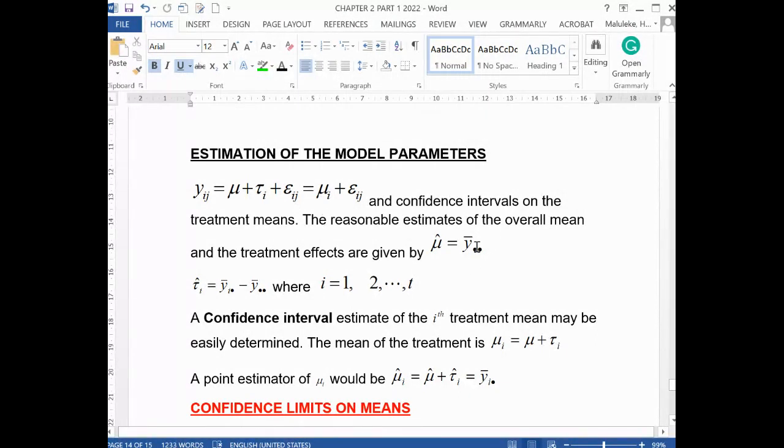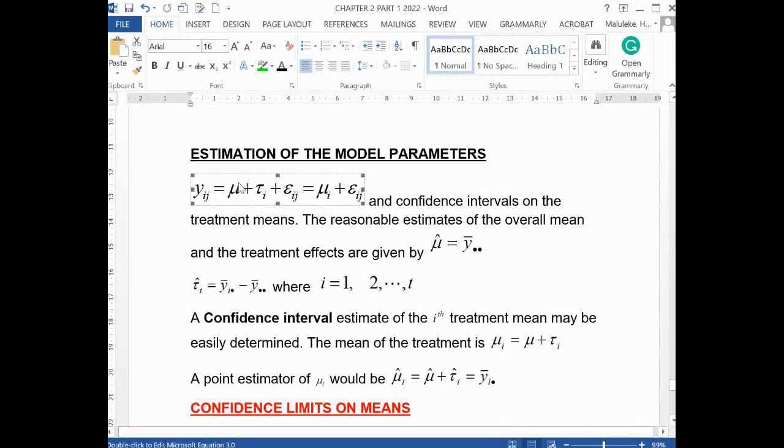I'm asking you to find what? Y bar dot dot, which is equivalent to mu. We agreed that mu is the population mean, and you also know this from first year.